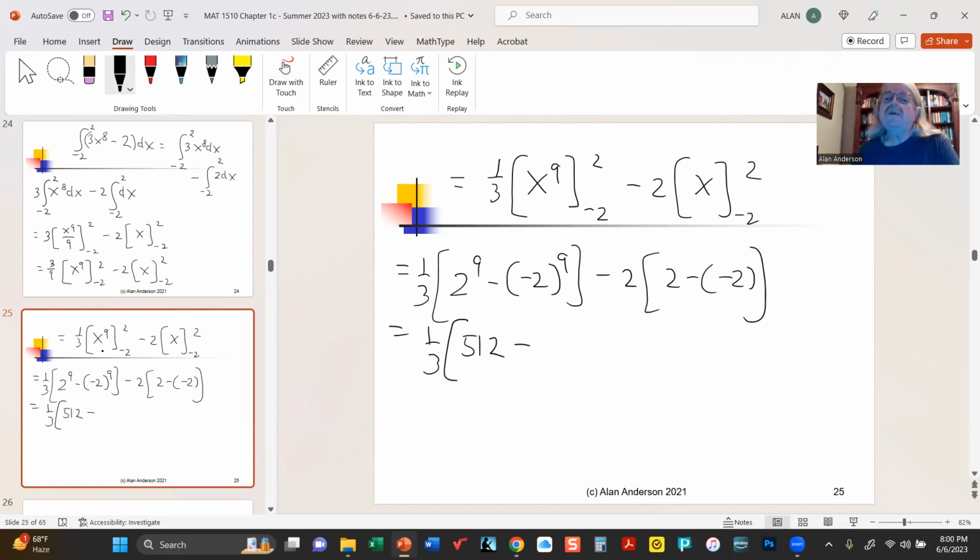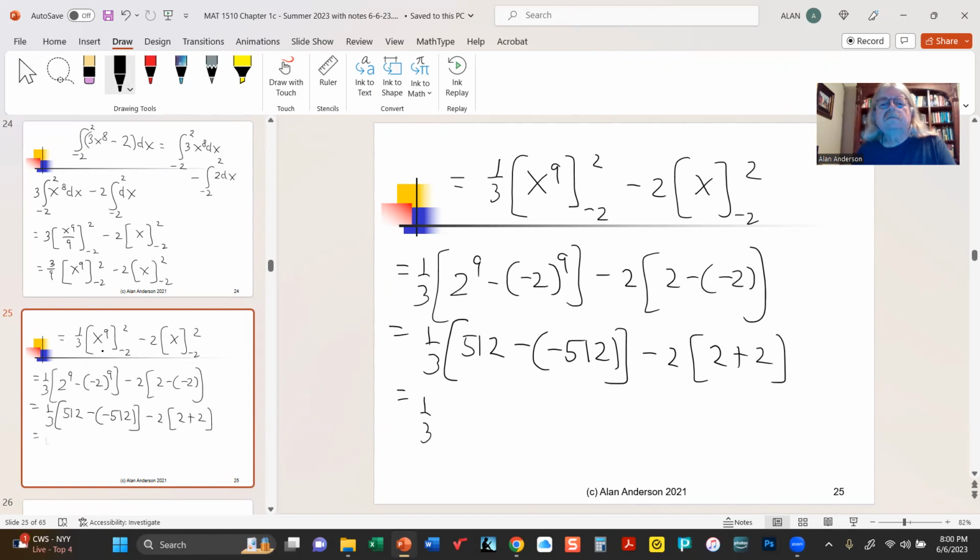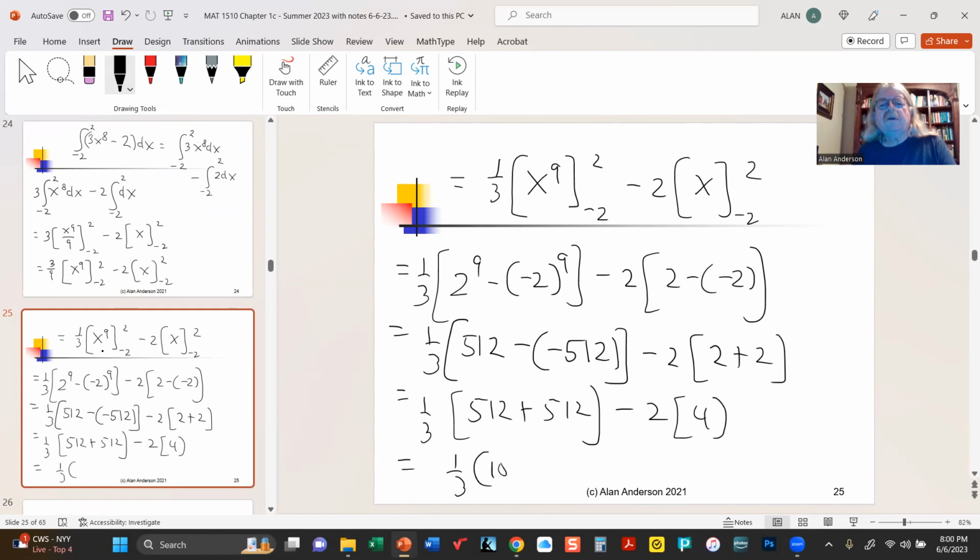No, negative 2 to the 9th power is negative 512 because it's an odd exponent. Okay, so we have to be careful with that. All right, so we got 1/3 of 1024 minus 8.